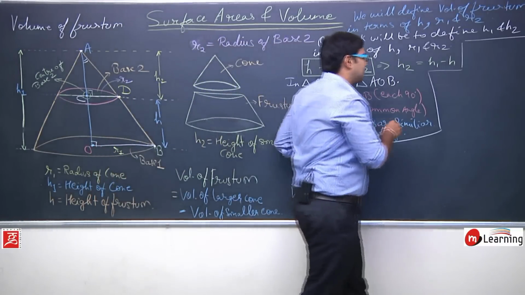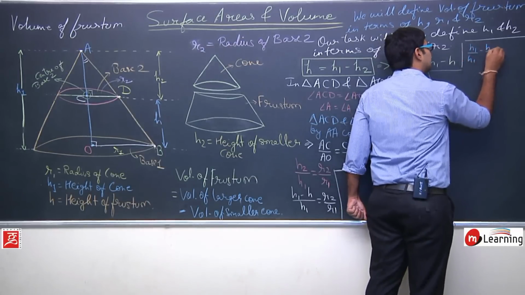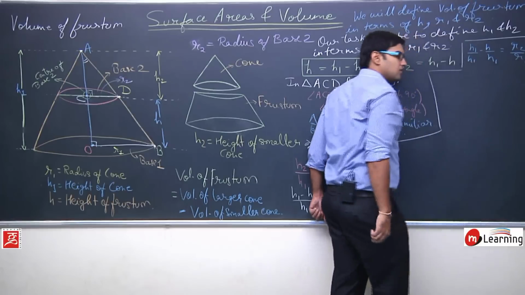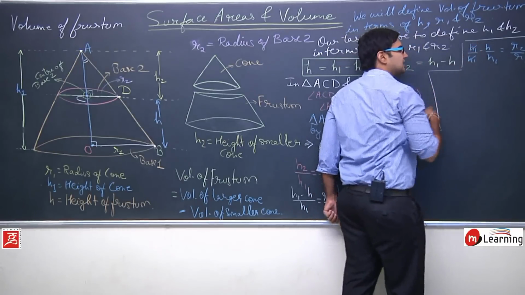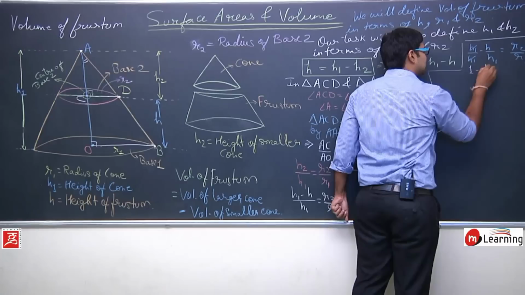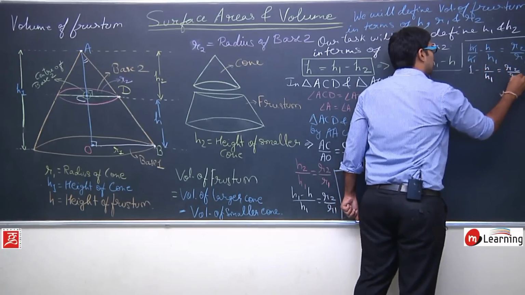If I simplify this, I will have H1 upon H1 minus H upon H1 is equals to R2 upon R1. I can cancel H1 and H1, and I will be left with 1 minus H upon H1 is equals to R2 upon R1.